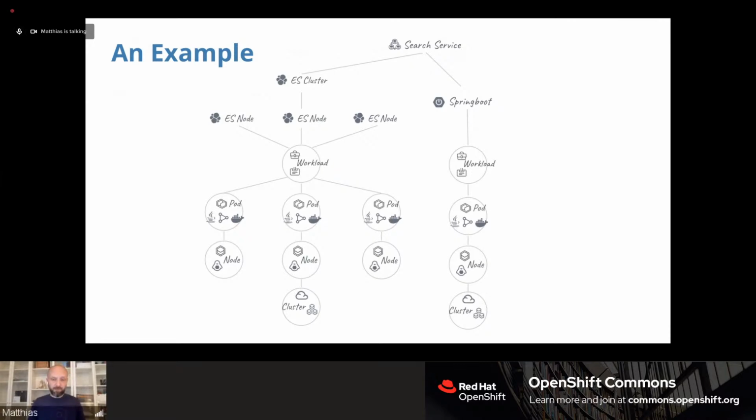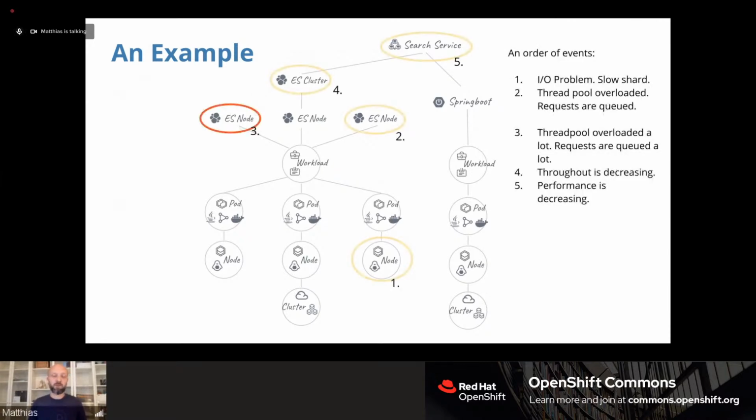So let's look at a problem that could happen. Let's start with the lower right-hand corner, the first one. Let's say that the node has an I/O problem, and that particular shard in the Elasticsearch cluster is getting something to look out for. Then maybe the thread pool on the JVM on the Elasticsearch node has a problem and is a warning sign.